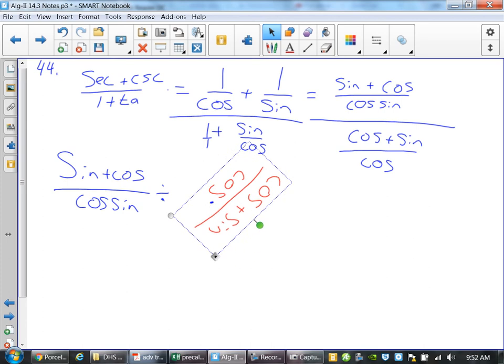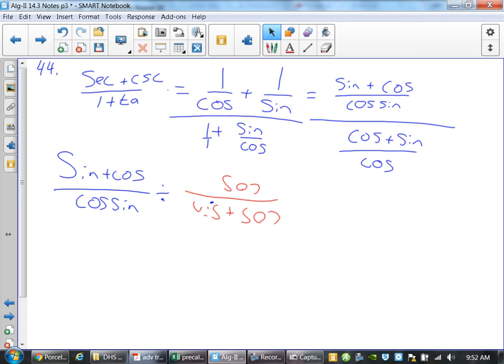We can't do what we want to do on paper, so I multiply by the reciprocal. What drops? Everything except for the sine. Cosine, sine plus cosine, and a cosine. 1 over sine. Good, I'm glad you said 1 over.